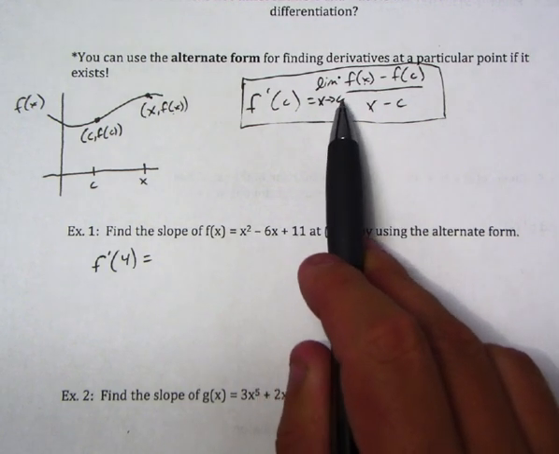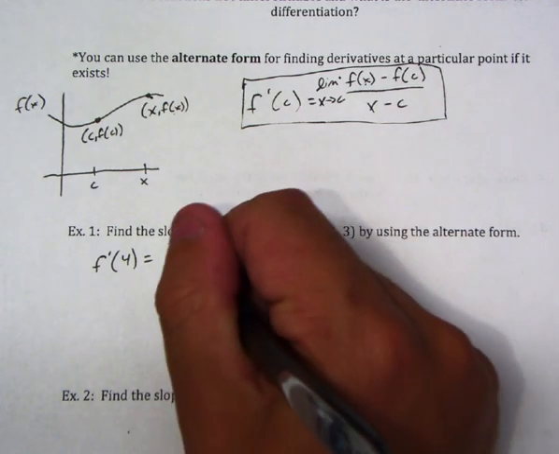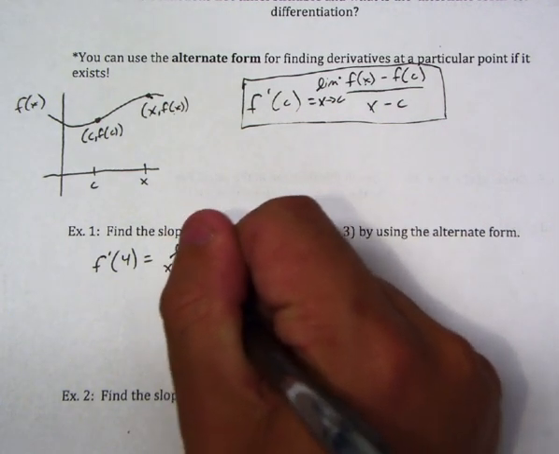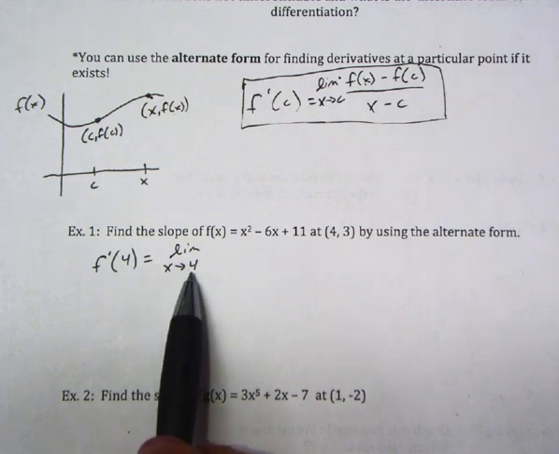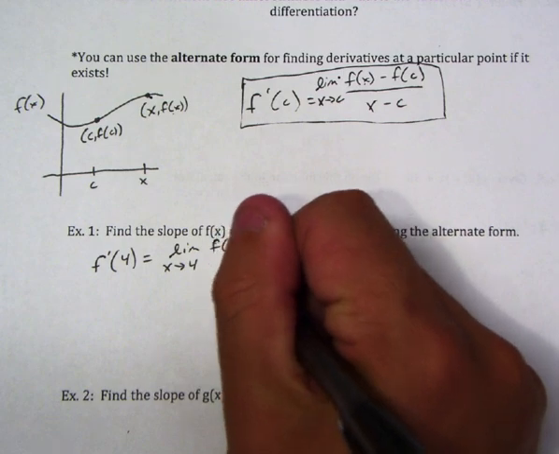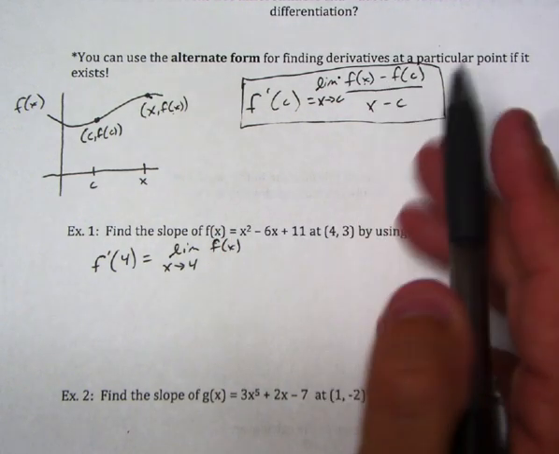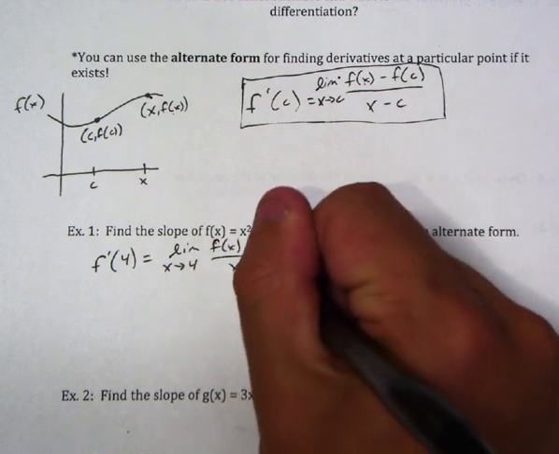Now anywhere you see the c, we're going to put a 4 instead. So it's the limit as x approaches 4, so basically the second x value is approaching the first x value, of f of x minus f of 4 over x minus 4.